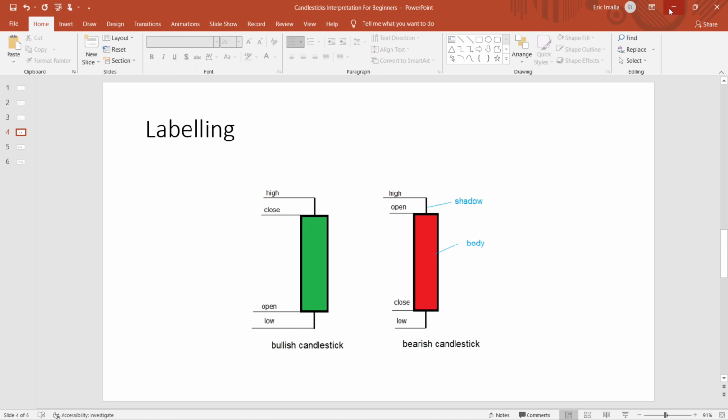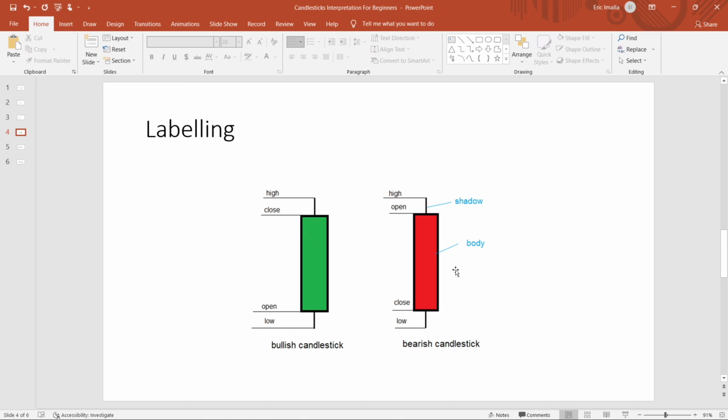First of all, the structure of a candlestick has two parts. The first part is the body, the second part is the shadow. The body simply shows the range between the opening and the closing price for a specific time frame, or rather for a specific time period.